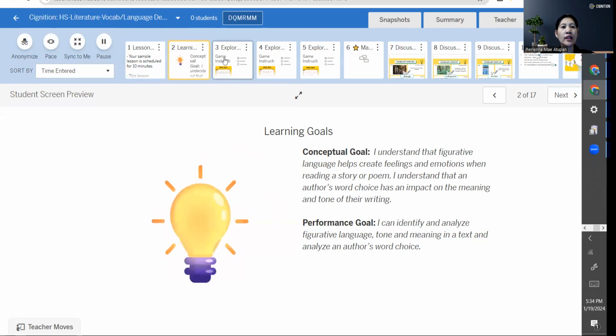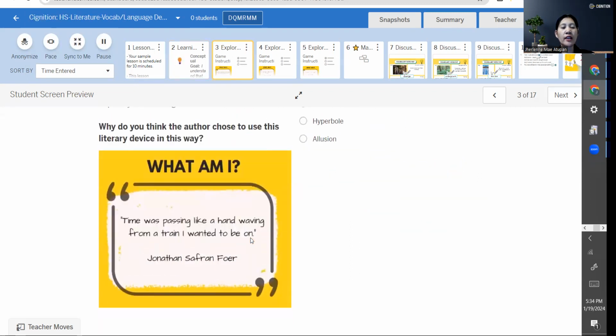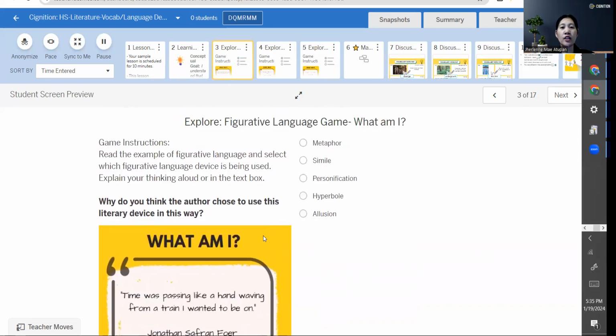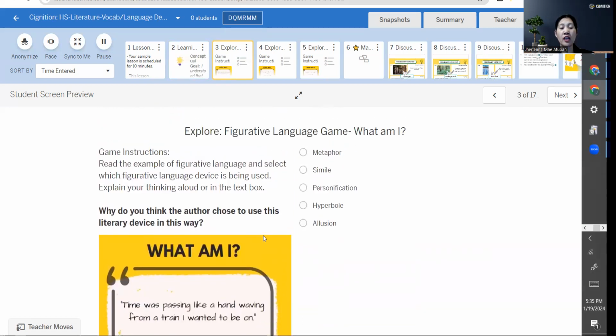The first one here, you're going to look at this. What am I? Time was passing like a hand waving from a train I wanted to be on. First thing, I want you to tell me what figurative language is being used here.